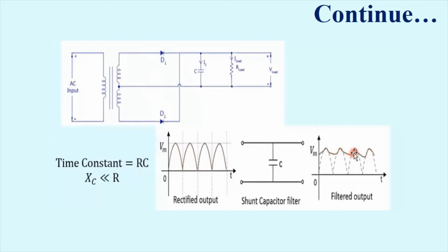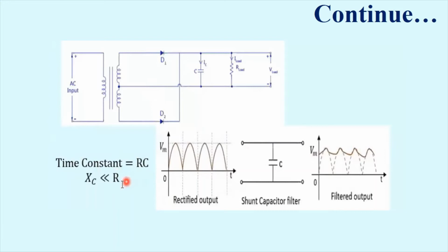Another thing we have to consider in this filter is the time constant. The time constant in this whole scenario equals RC, T equals R times C. So we need a large value of RC. The higher this value is, the more steady the output we can make, more DC, more one-direction output.